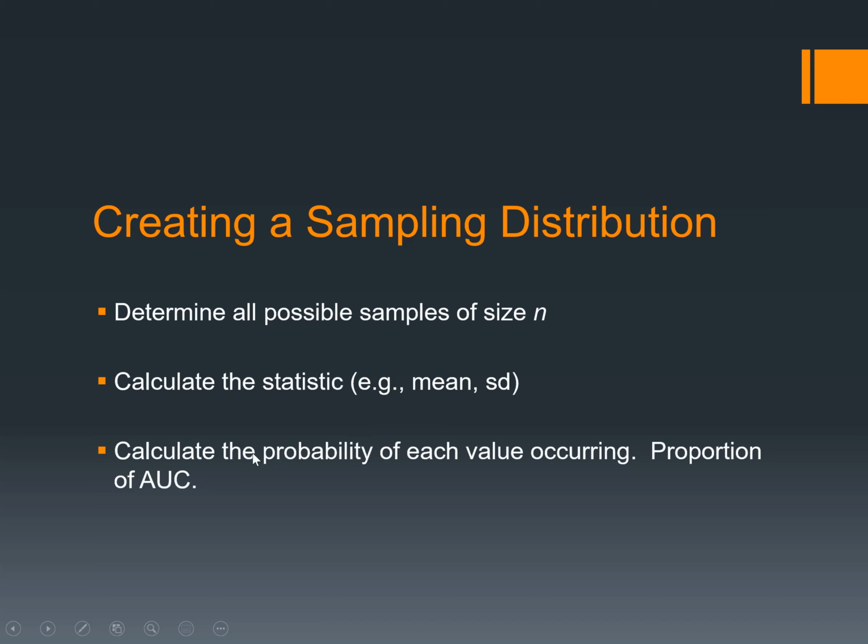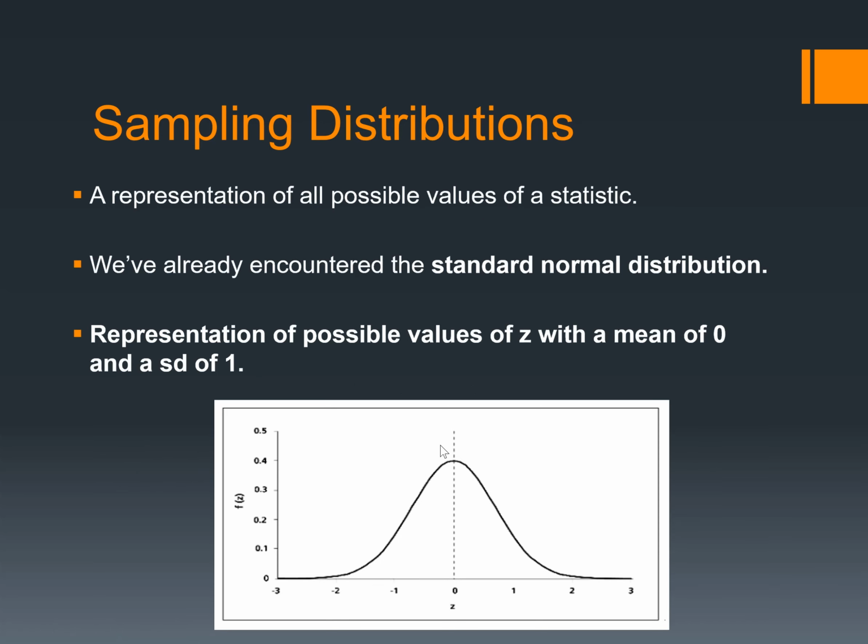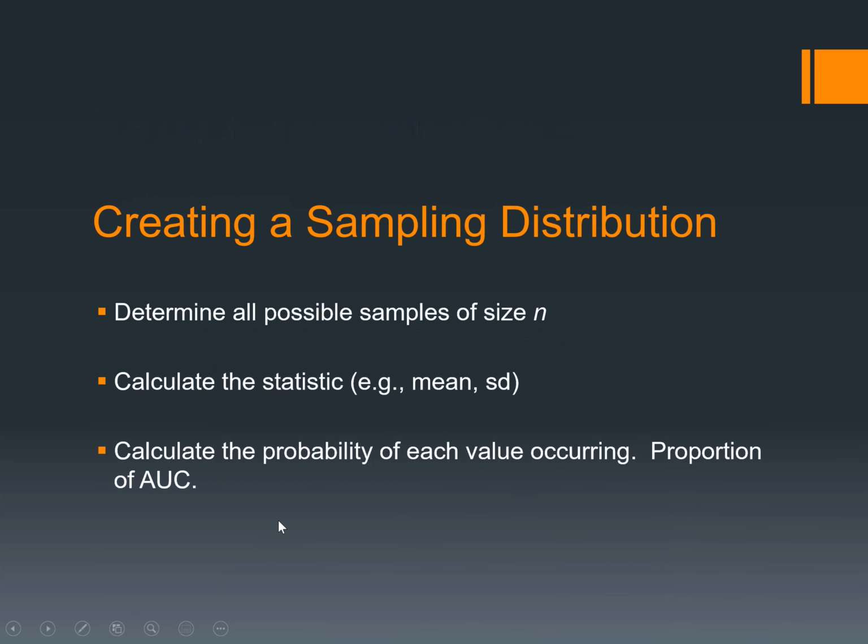And then we could calculate the probability of each value occurring, or we could calculate what's called the density function for each value, which would basically be equivalent to the height of the value on the y-axis. So that's one way to think about creating a sampling distribution.